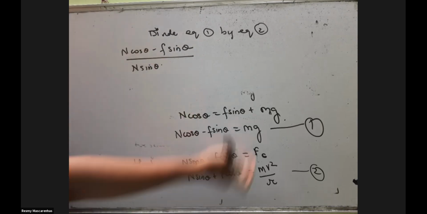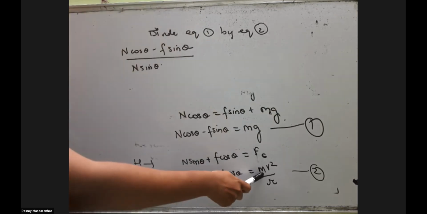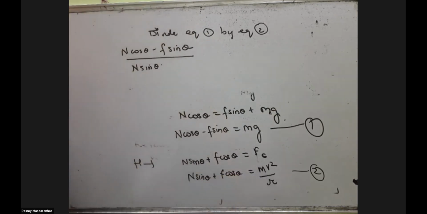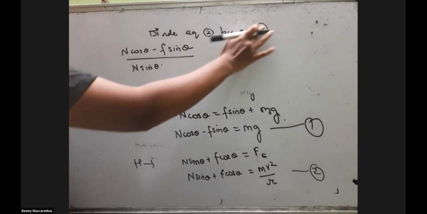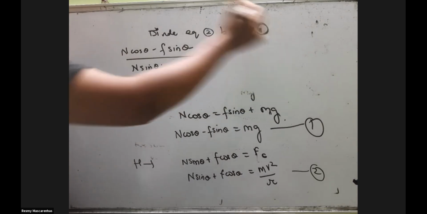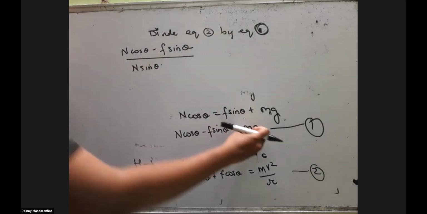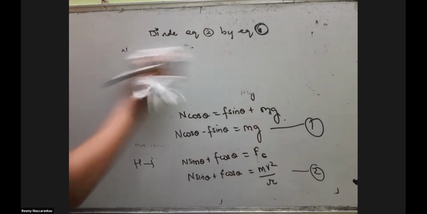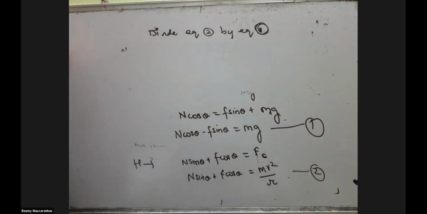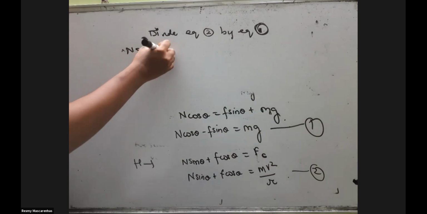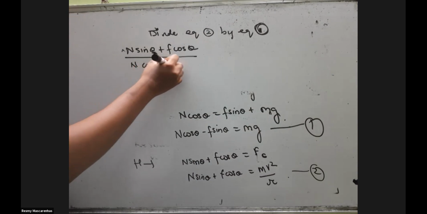Wait, I want this on top. Mv square upon r I want on top. Okay, so we do equation 2 by 1. Just write equation 2 by 1. Otherwise this will go down. This I want on top. So 2 divided by 1: N sin theta plus F cos theta upon N cos theta minus F sin theta.